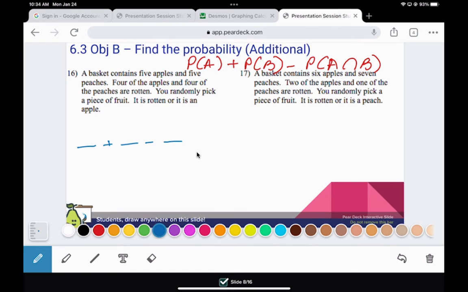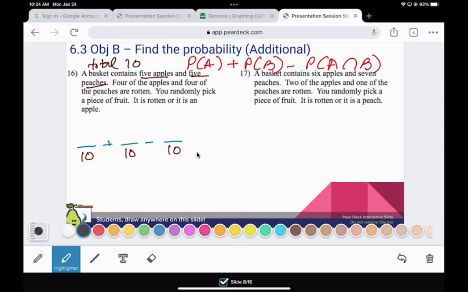So number 1, we want to find the total. Let's say a basket contains 5 apples and 5 peaches. 5 and 5, so my total is 10. This one is nice and easy because the total is going to be the same for all of them. 4 of the apples and 4 of the peaches are rotten. You randomly pick a piece of fruit.